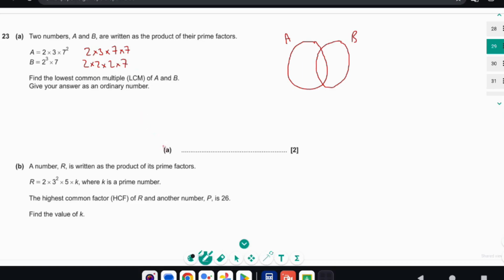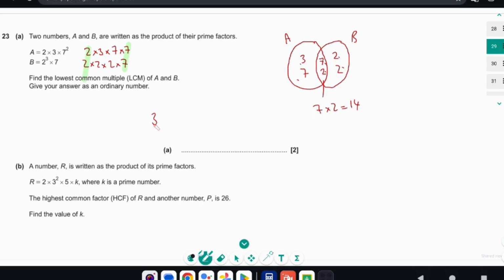So what occurs in both? 7 needs to go in the overlap. And we've got a 2 that occurs in both. Needs to go in the overlap. What else have you got in A? 3 and 7. What else have you got in B? 2 and 2. HCF is 7 times 2, which is 14, but we want the LCM, which is every number just multiplied.